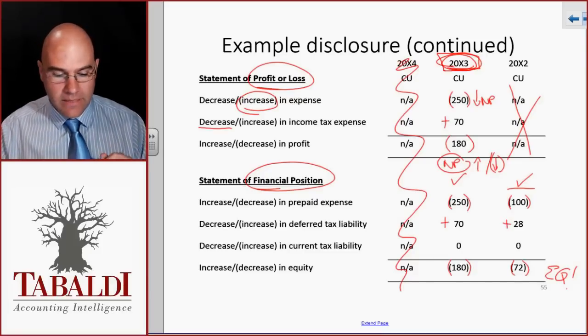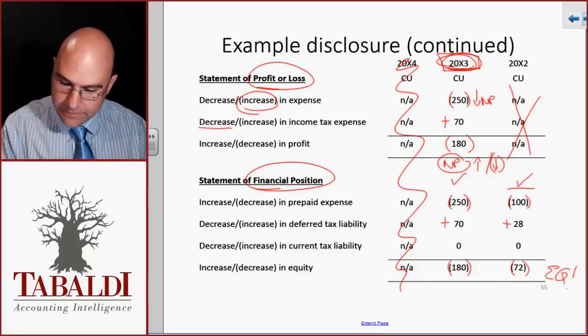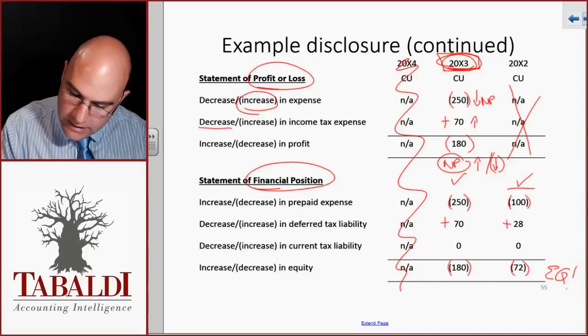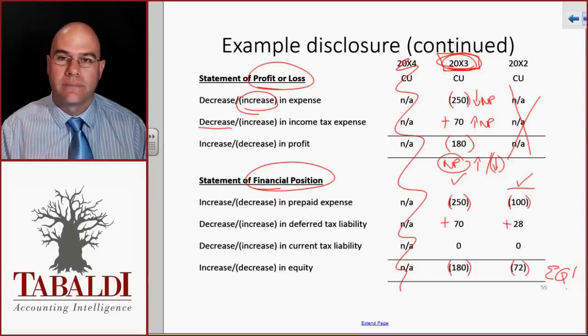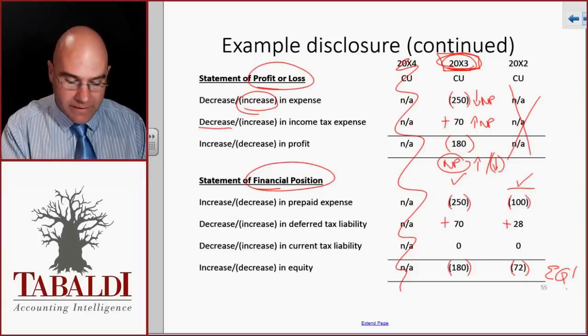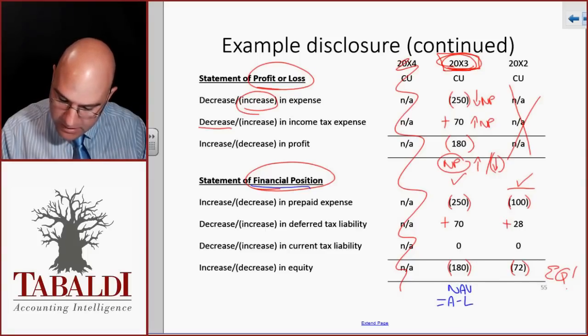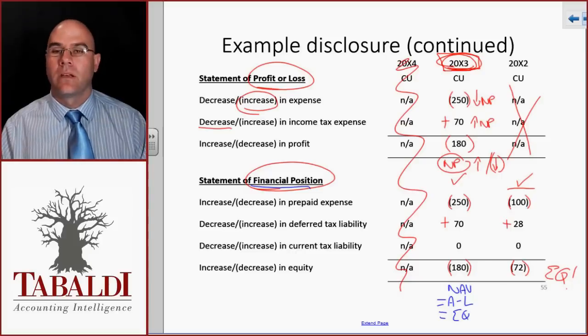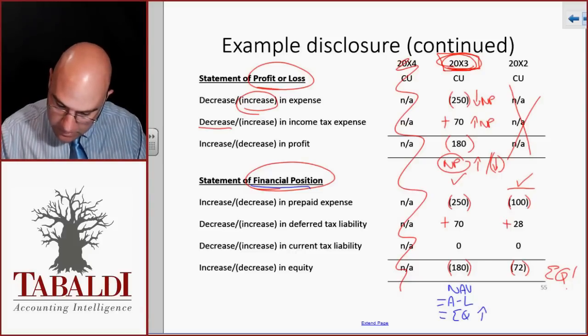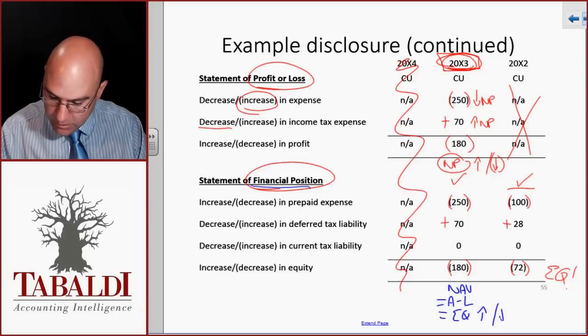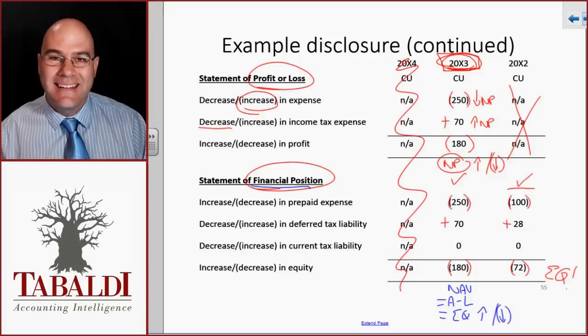Tax expense that decreases will result in an increase in net profit. On the bottom, I'm dealing with financial position. Here I'm dealing with net asset value, which equals assets minus liabilities, which equals equity. Okay? If I increase equity, it's positive. If I decrease equity, I'm making it a negative.